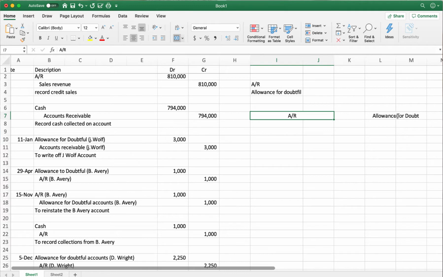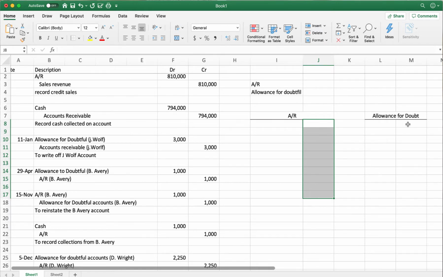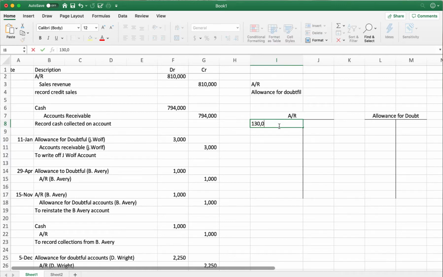That's all I'm doing because I want to show how the balance changed. Super easy for us to do. Okay, what was our beginning balance? Well, we started off with accounts receivable for the year of $130,000. Our allowance for doubtful accounts had a credit balance of $7,000.